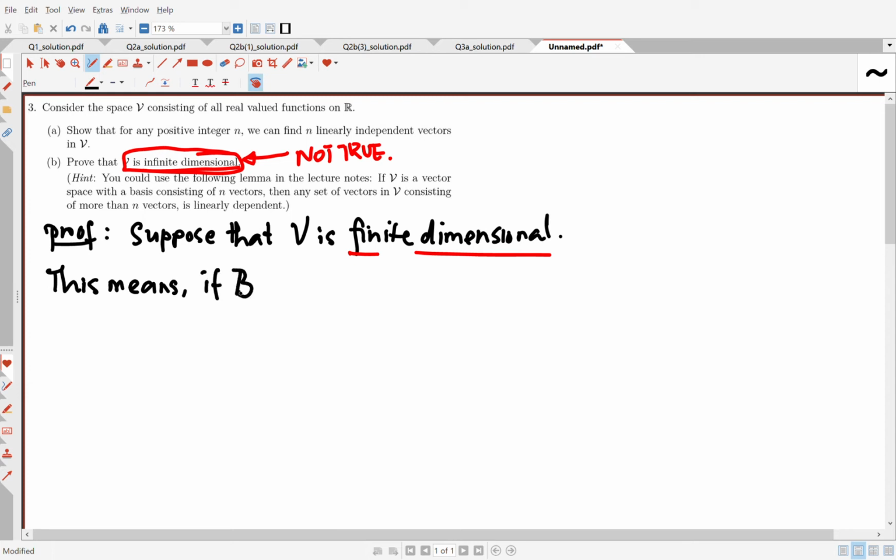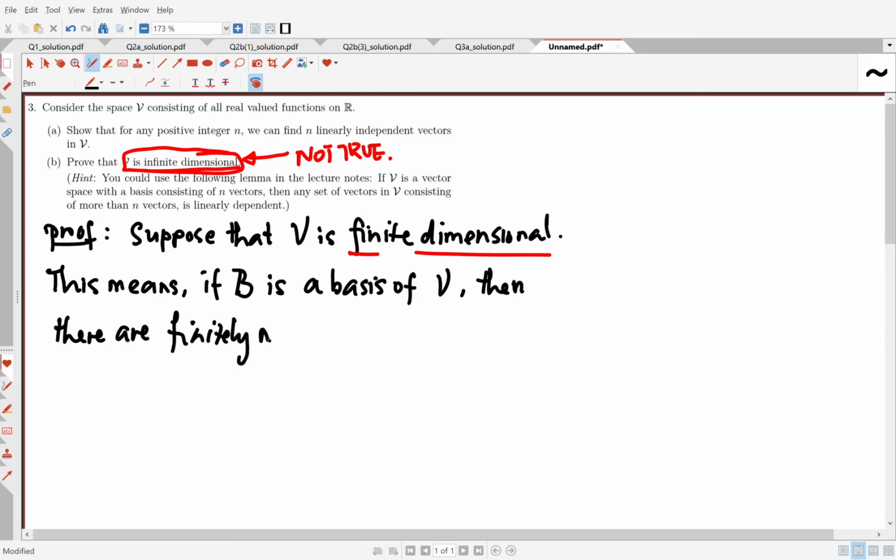if B is a basis of V, then there are finitely many vectors in B. In this case, the vectors are just the functions.